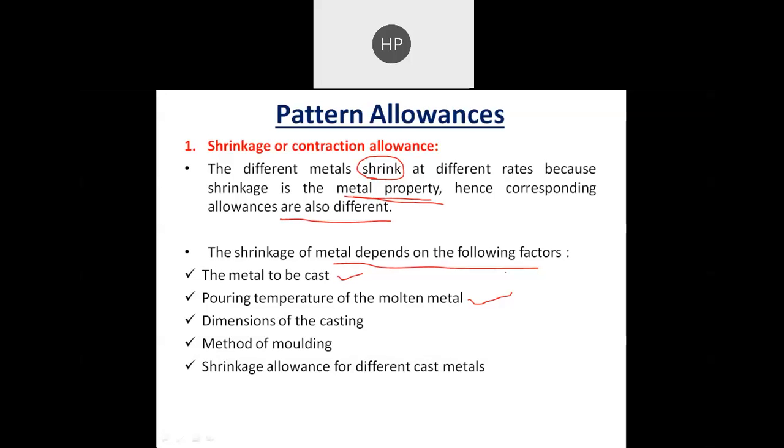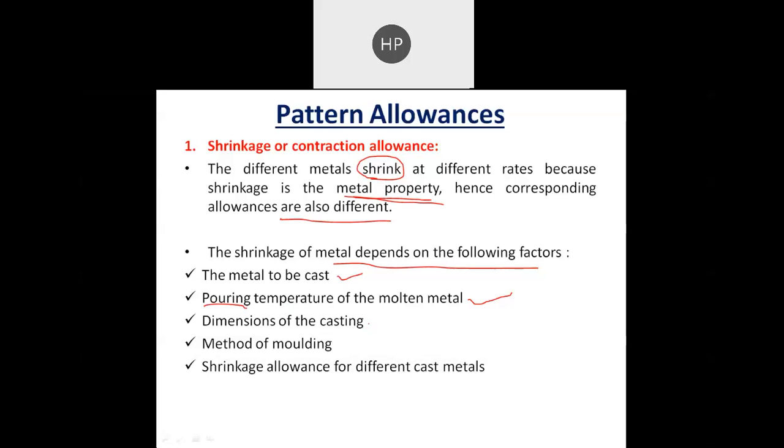So it is very important at what temperature we are pouring the molten metal, because the fluidity of the metal totally depends upon the temperature. If it is poured at a lower temperature, it will solidify faster. In that case the rate of change, that is, the shrinkage, will be affected by the temperature. That's why the temperature at which we pour the metal inside the cavity is also important.